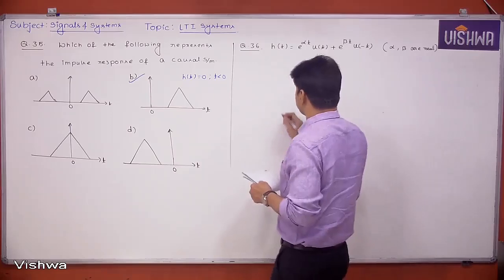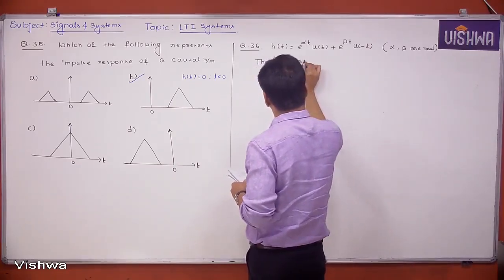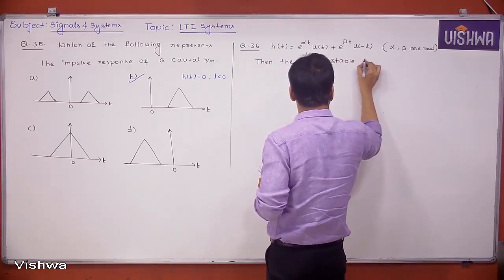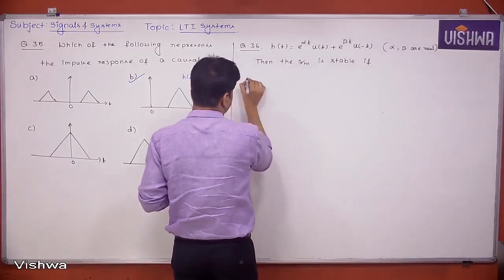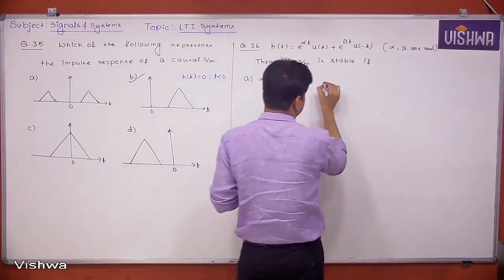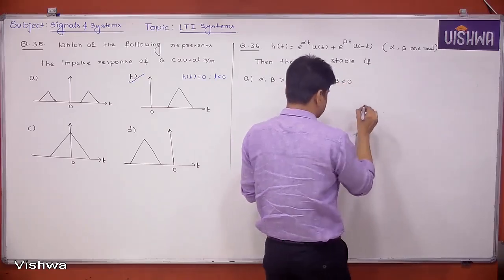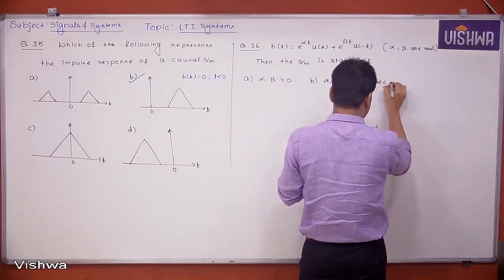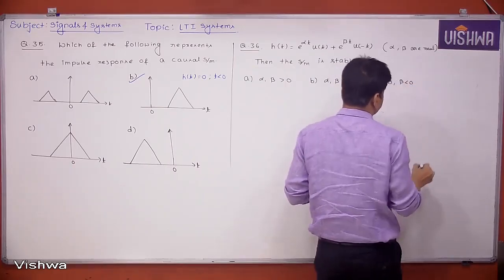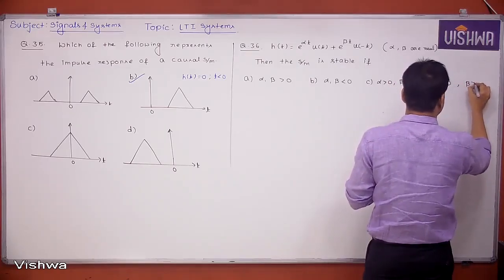Then the system is stable if: option A, alpha comma beta greater than 0; option B, alpha comma beta less than 0; option C, alpha less than 0, beta greater than 0; option D, alpha less than 0 comma beta greater than 0.